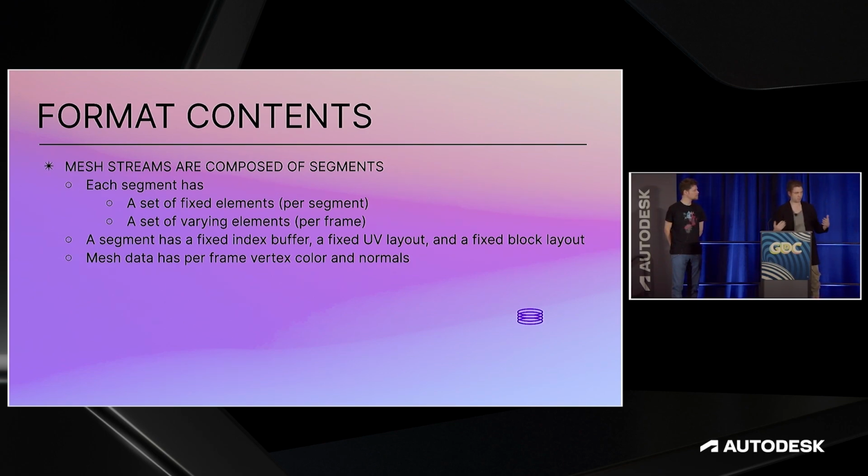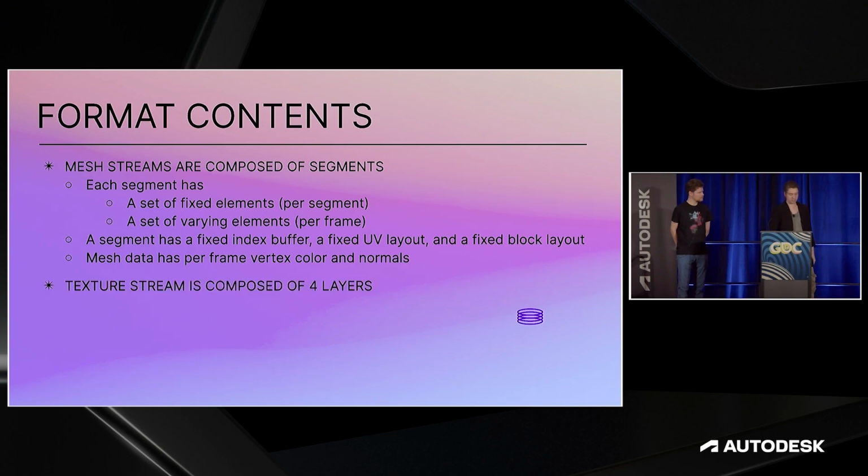That's basically what's going on with the meshes. So each segment has a set of fixed elements and a set of varying elements that are updated each frame. The fixed elements are things like the index buffer, the UV layout, and the block layout that's eventually going to be in the texture. The per frame data is stuff like the vertex position, the vertex color, and the normals.